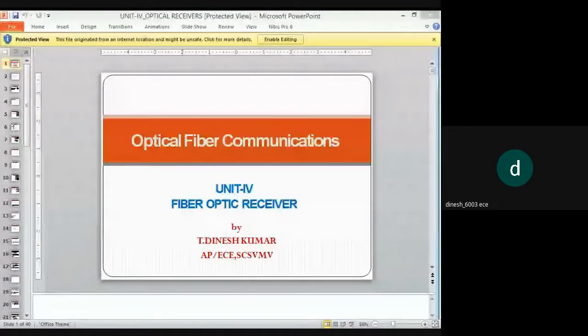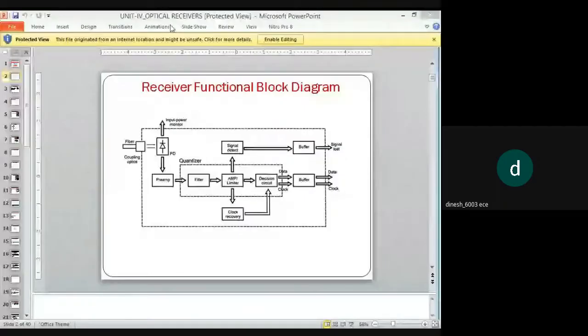So next, we are going to see the optical receivers. The fundamental block diagram of an optical receiver is shown here. We have a fiber which is present in the receiver segment, where the receiver segment is coupled with the help of a coupler.